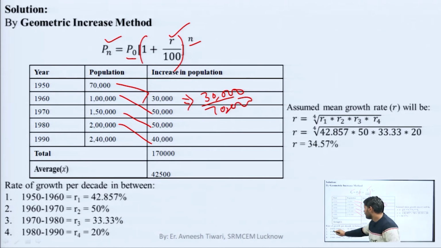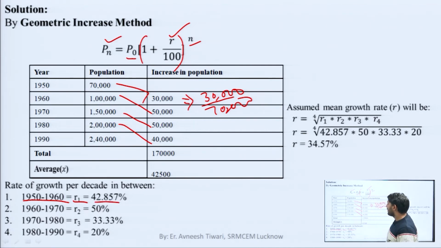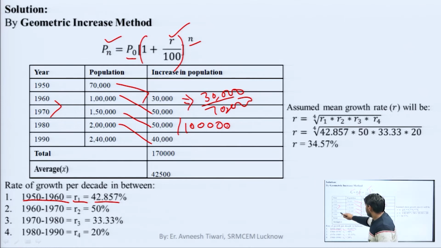So from 1950 to 1960 the increase in population is 42.857%. From 1960 to 1970 the increase in population is what? 50,000 divided by 1 lakh. Okay, and from 1970 to 1980 the increase in population is what?